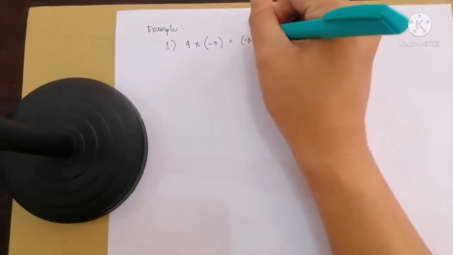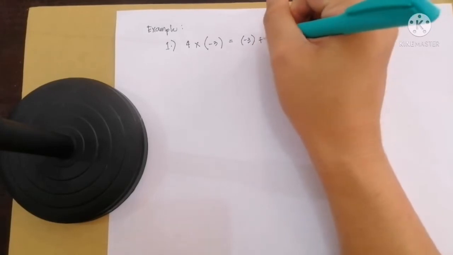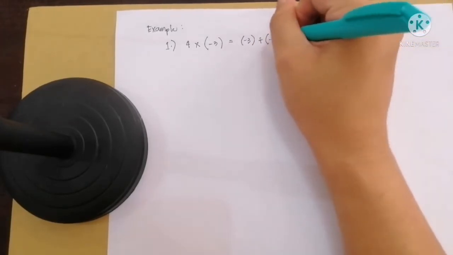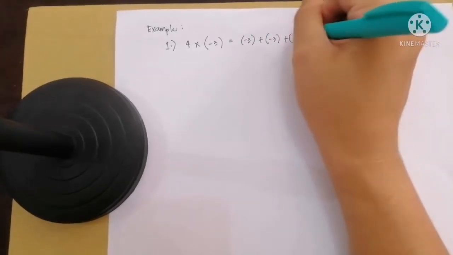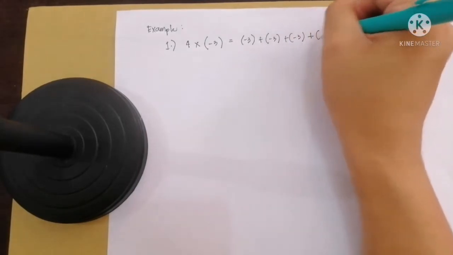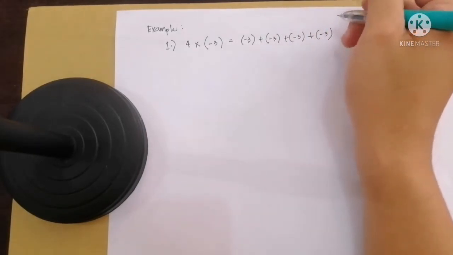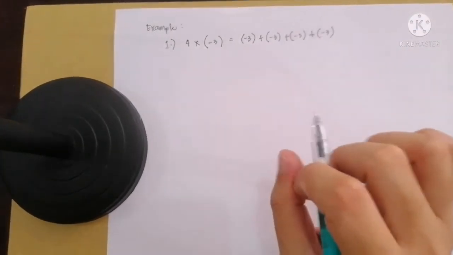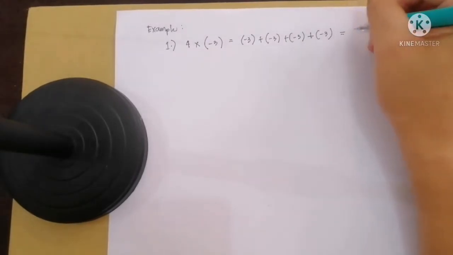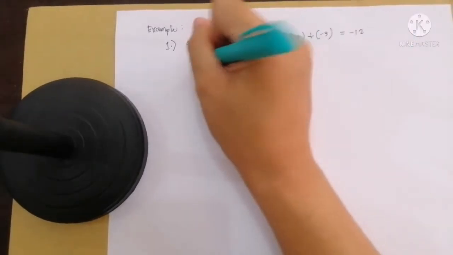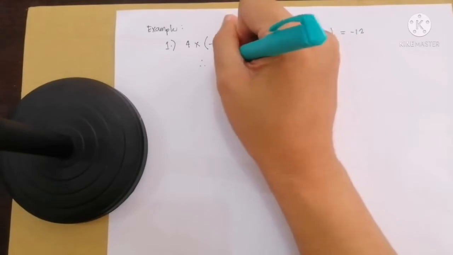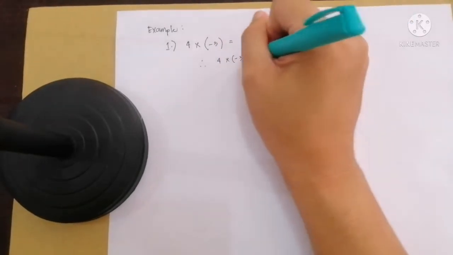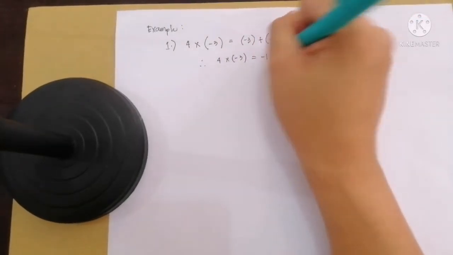So we are going to add negative 3, 4 times. And negative 3 plus negative 3 plus negative 3 plus negative 3 is equal to negative 12. Therefore, 4 times negative 3 is equal to negative 12.